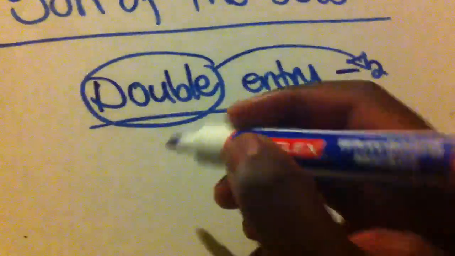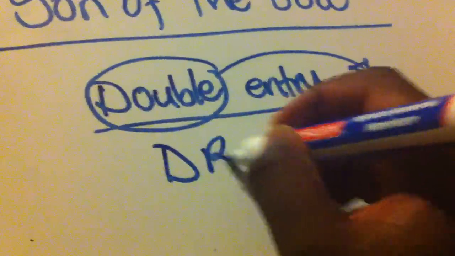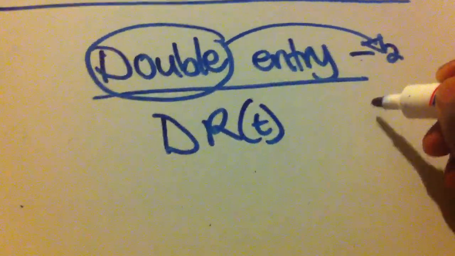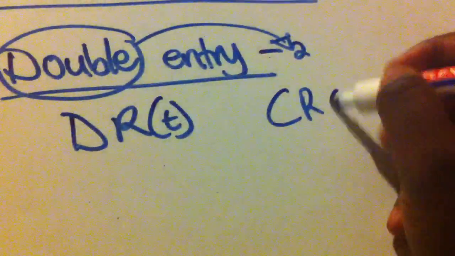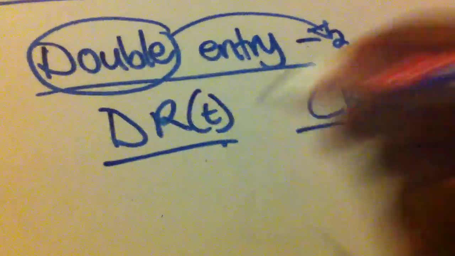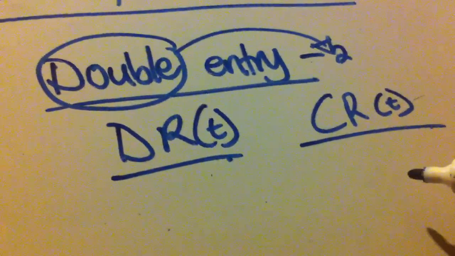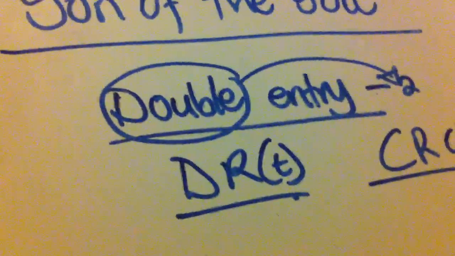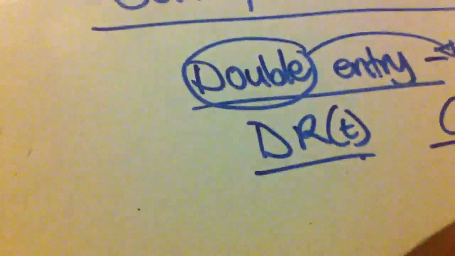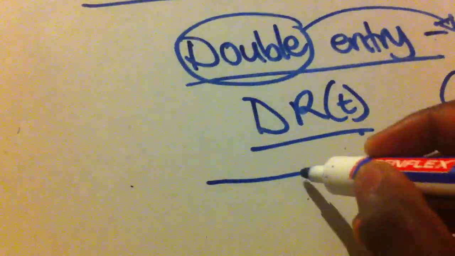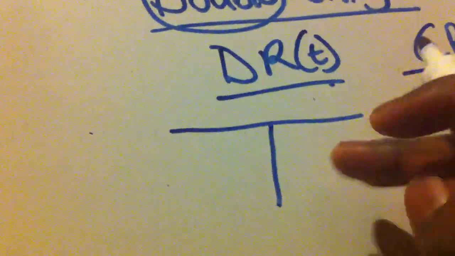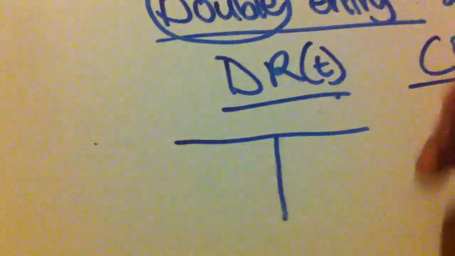So our double entry is guided by these two things: DR, some say DT, or CR, or some say CT. Well, it is one and the same thing. DR or DT stands for debit. Our accounting entries are guided by something that we call a T. This T is dividing a left side and a right side.